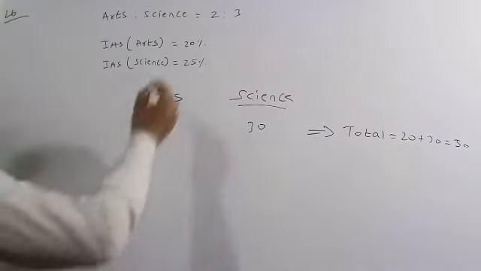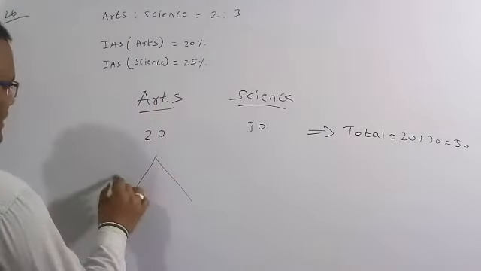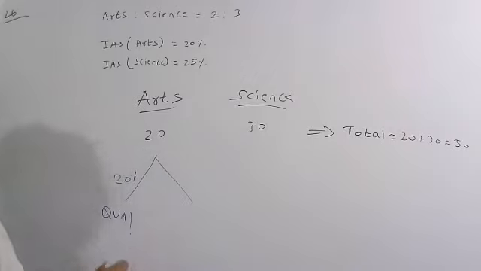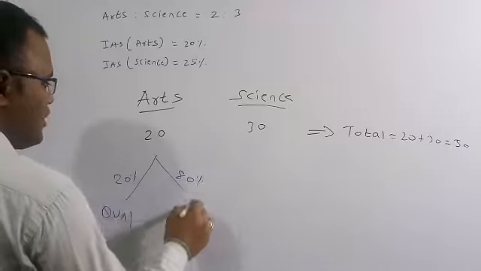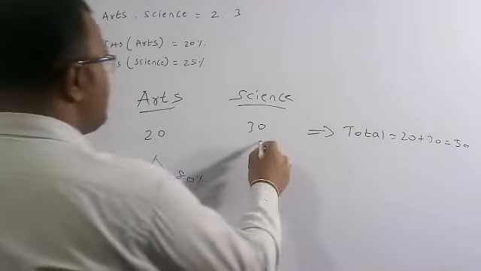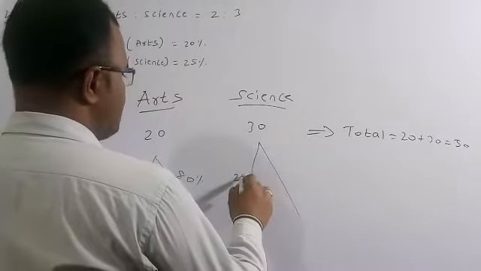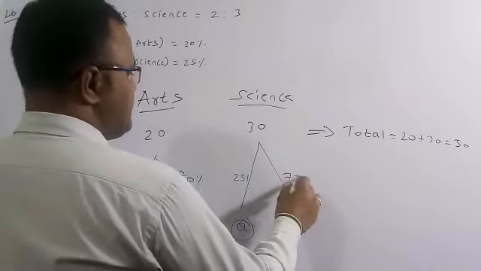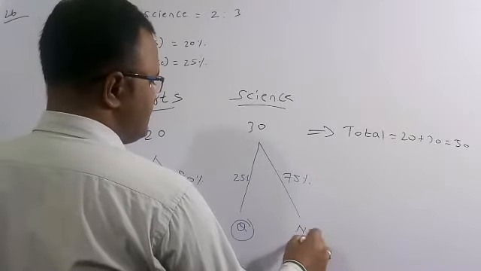In the question, 20% of the arts students are qualified, so the remaining 80% are non-qualified. NQ means non-qualified. Similarly, 25% of the science students qualify for the examination, and the remaining 75% are non-qualified.